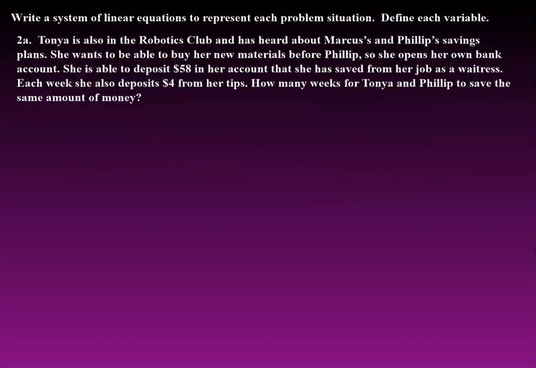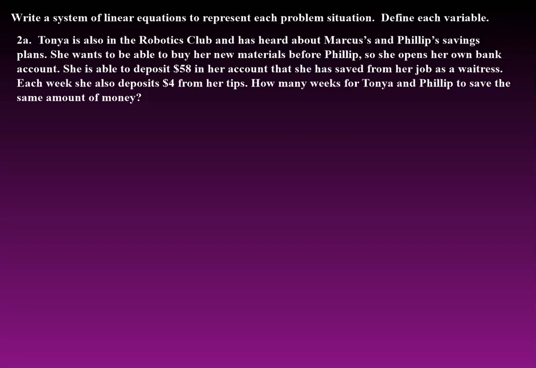So what I'd like you to do is this next one. 2A says Tanya is also in the robotics club and has heard about Marcus's and Philip's savings plans. She wants to be able to buy her new materials before Philip, so she opens her own bank account.